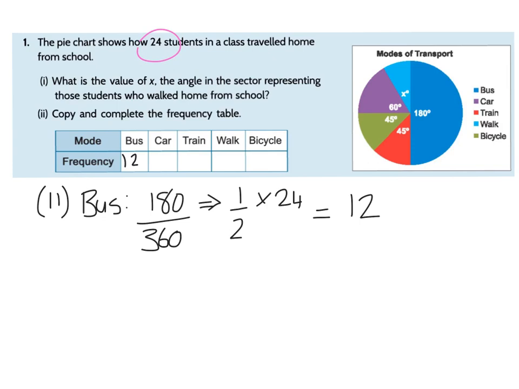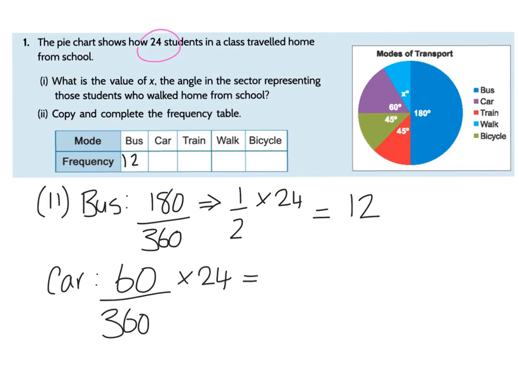For people who took the car, we have 60 all over 360, and we multiply that by 24 again. And our answer is 4.